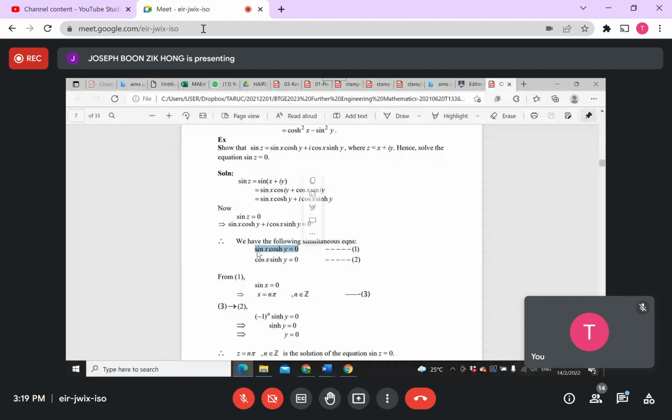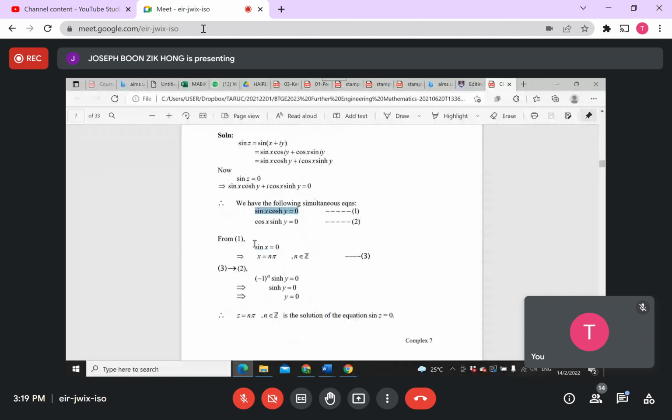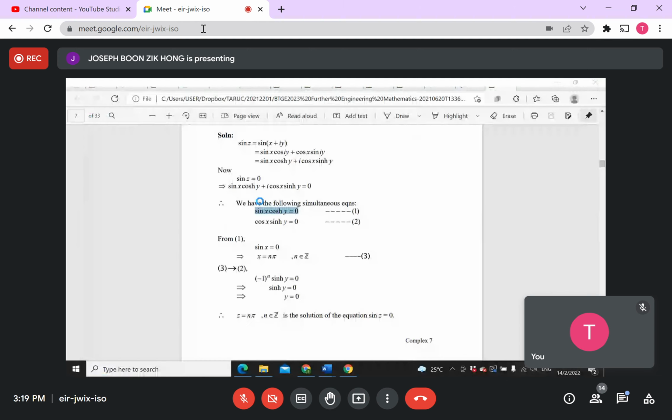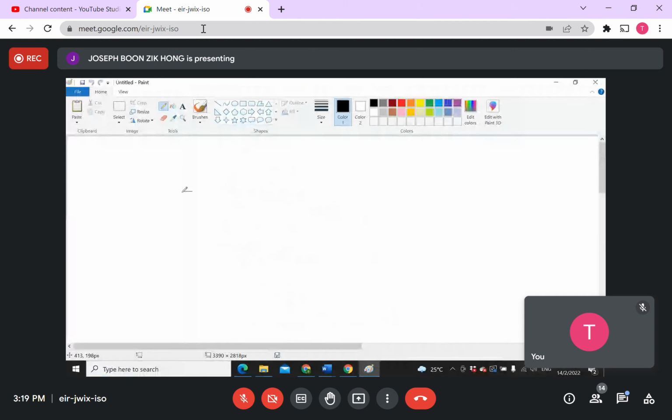Why do we say cos hyperbolic cannot be 0? Because according to the formula or definition, what is the cos hyperbolic x?